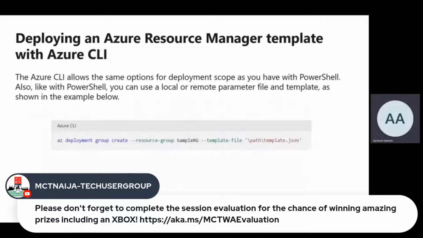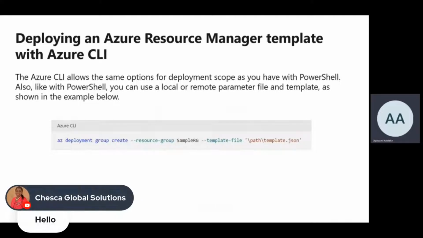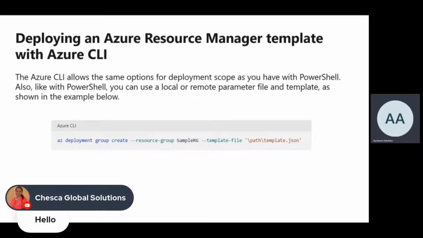For the Azure CLI, this is very similar to the PowerShell deployment, only that this runs directly in the Azure portal. So when you log on to portal.azure.com, there's a blade where you can click and open up the Azure CLI interface, where you could run the regular CLI queries, or use PowerShell or Bash queries, depending on what you want to use.